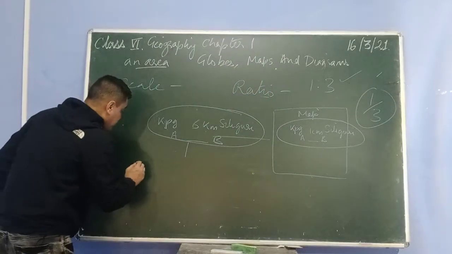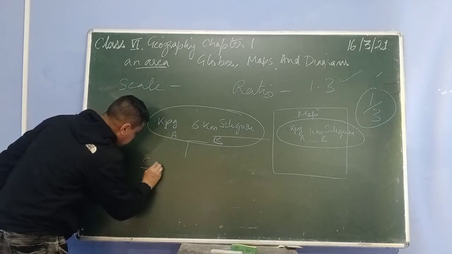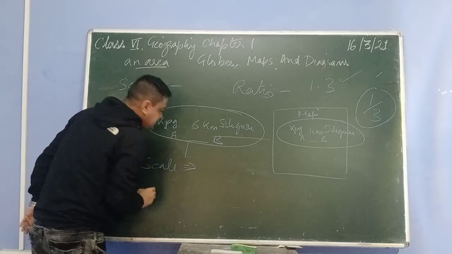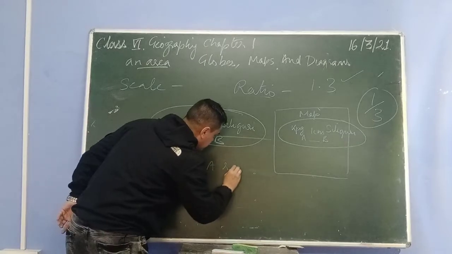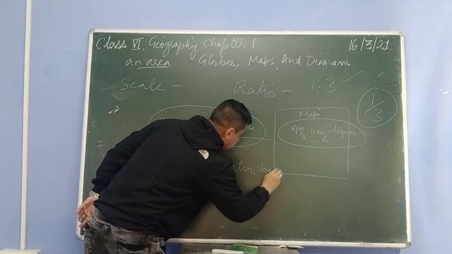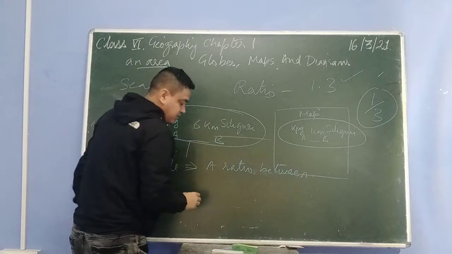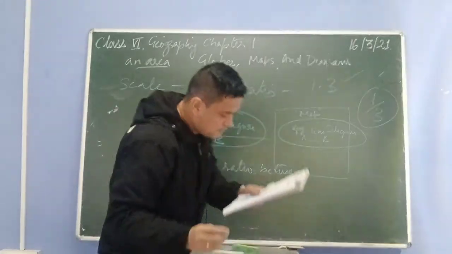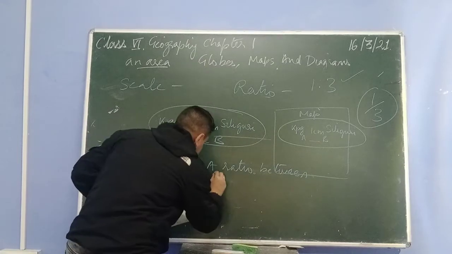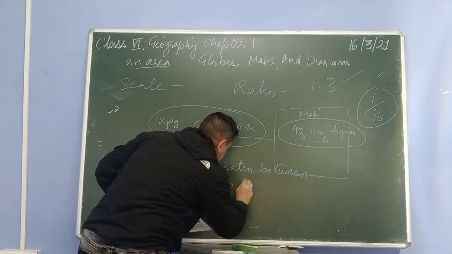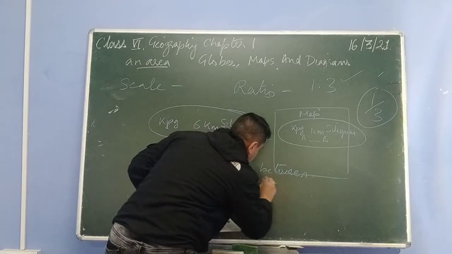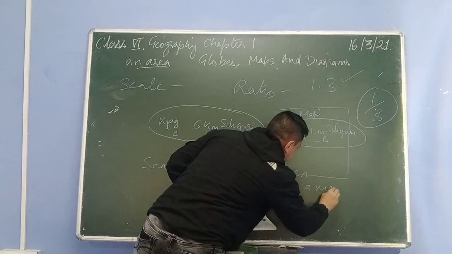Now, what is a scale? Scale means a ratio between 2 points on a map.